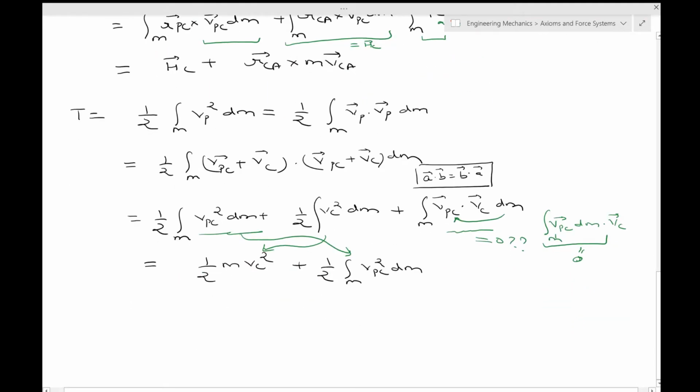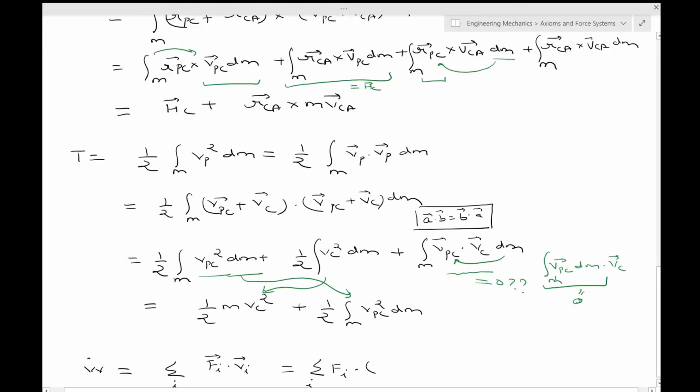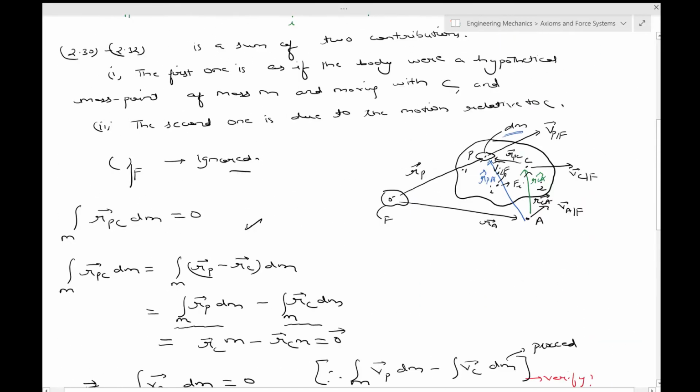Let's now take the expression for power, that is equal to the sum over i of fi dot vi, okay, for all the particles, and this can be written as fi dot vi, where vi is the velocity of this ith point over here, this one. Okay, this is vi in terms of f, and you can write this vi in terms of vc.